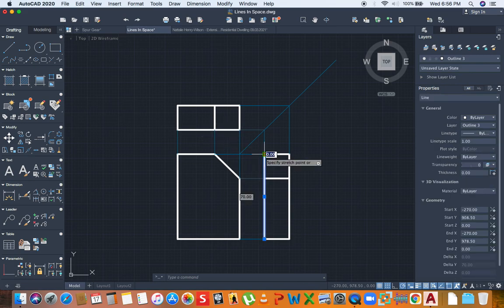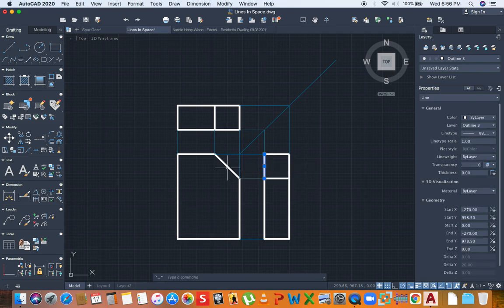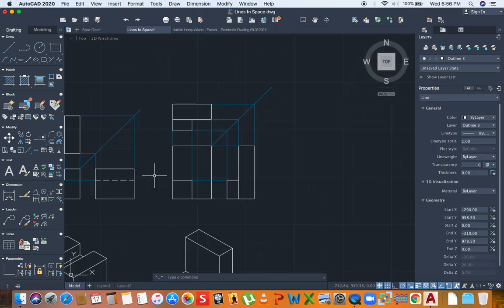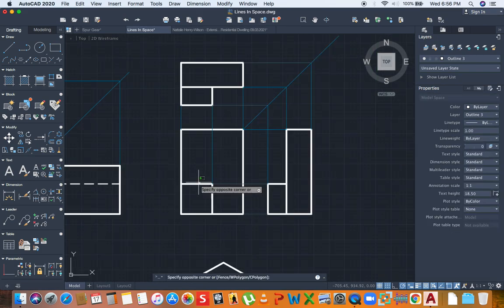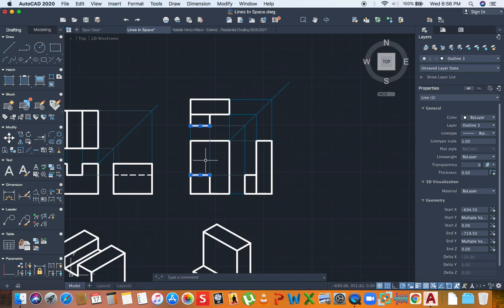Over here, it's the same thing. This line here is representing this line, which is representing this line. But if you realize these lines are not the same measurement as this line. But if you look over here, this line is this line, and they are both showing the same measurement.